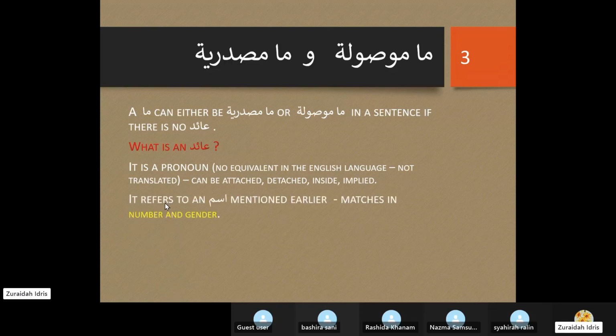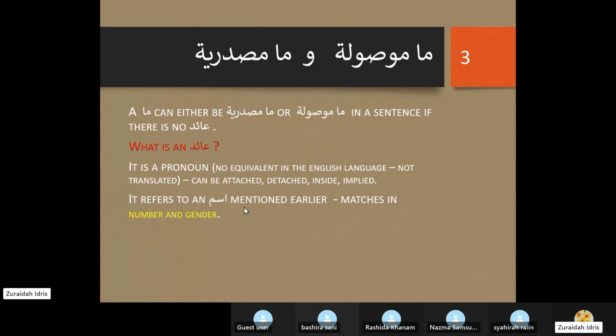So it actually refers to an isim that is mentioned earlier. You talked about something, and then later on you mention it in terms of a pronoun. Pronouns here are things like he, she, not Aminah and Zaid. We're talking about he, she, them.